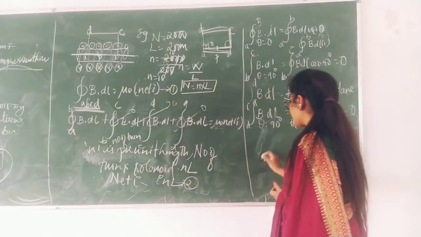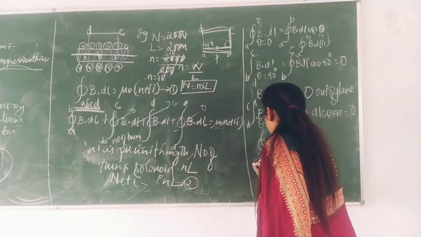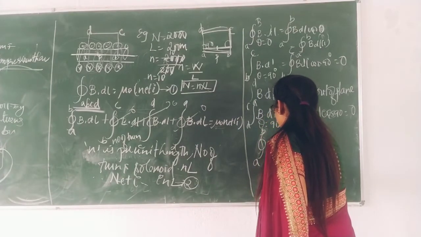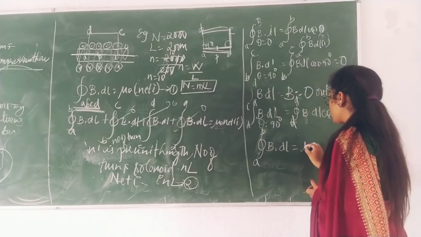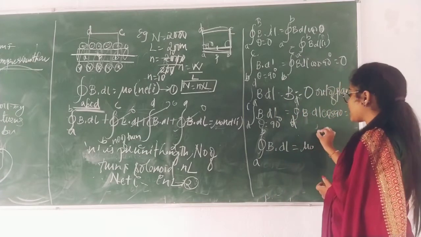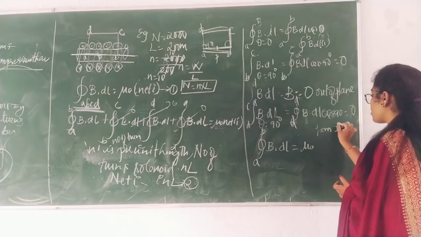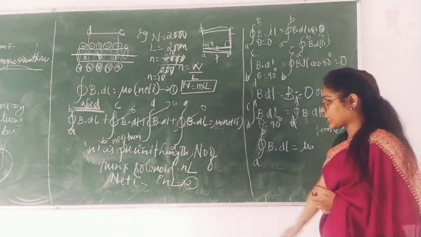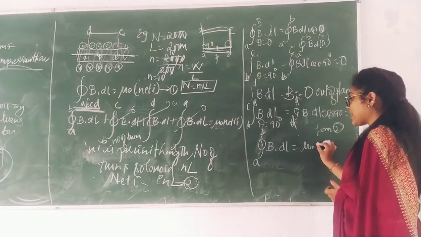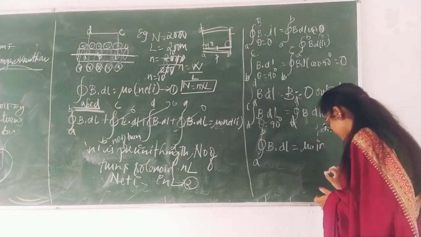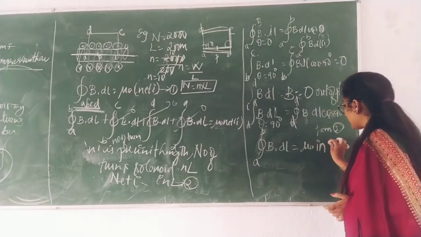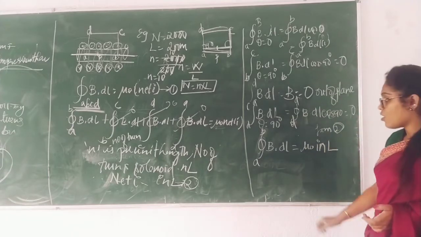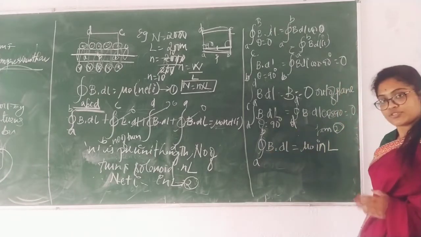Only this value, that is nothing but A to B, B dot dl, is equal to mu naught. From equation 2, what did I get? Net current is I n L. So, this is only what I got, fine.